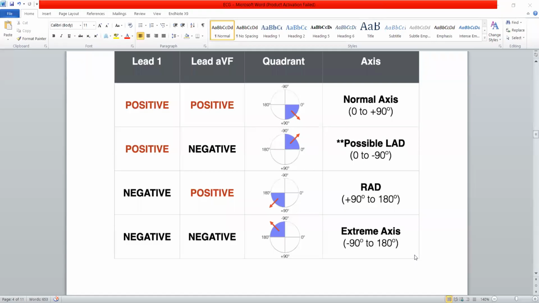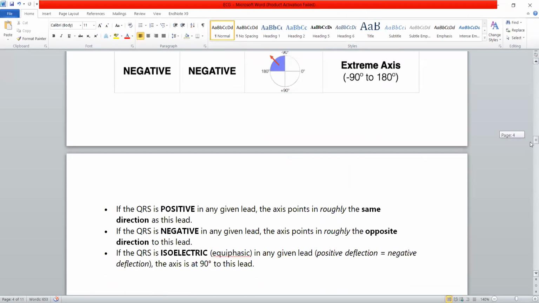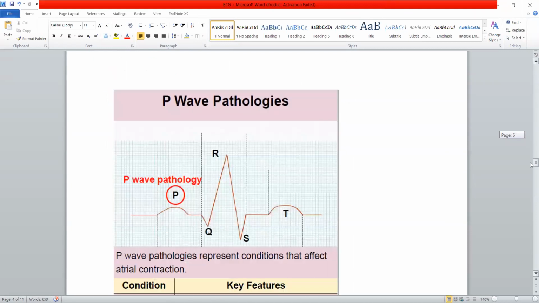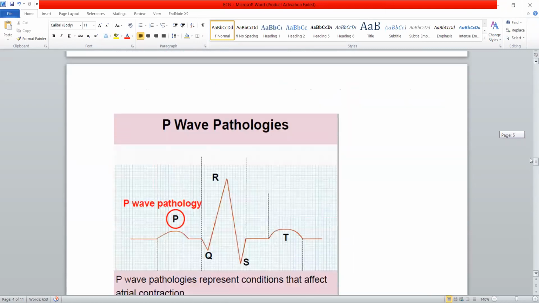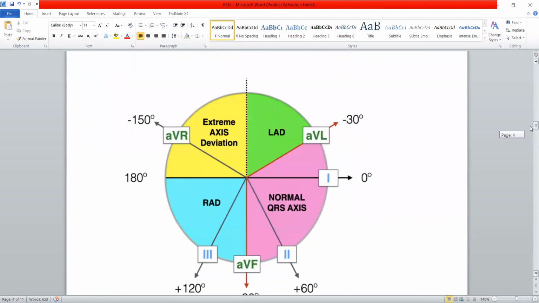Let me share the screen. Ventricular arrhythmia is one of the most common causes of extreme axis deviation. Let me show you the diagram.